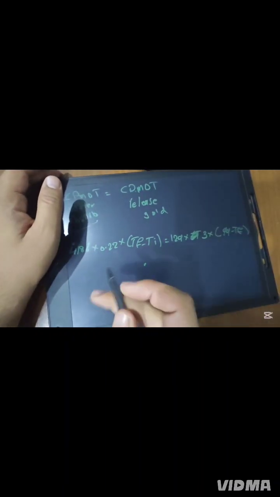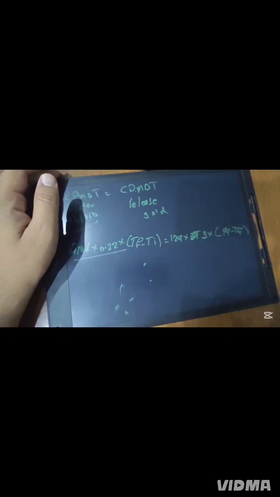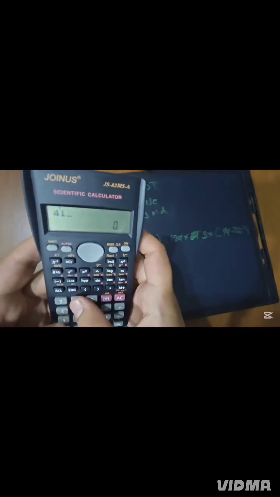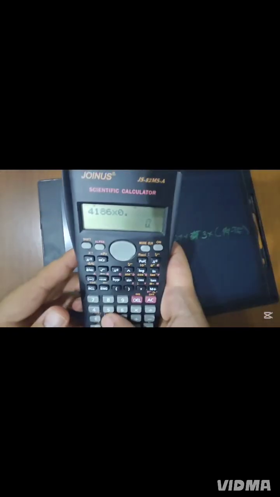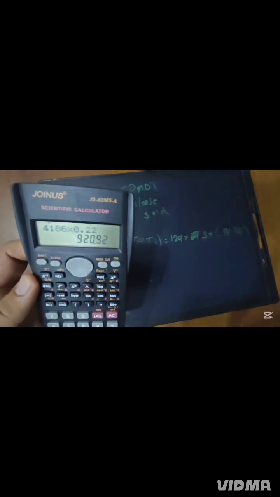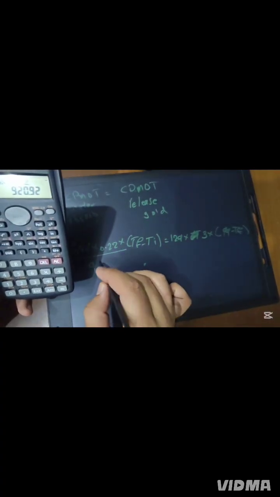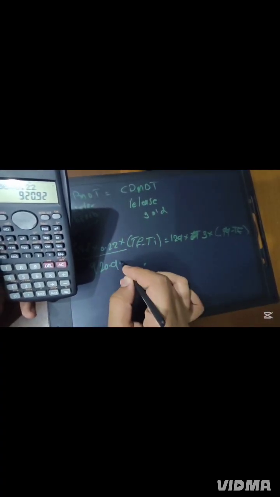Look, first of all, multiply these numbers together. 4186 times 0.22, the answer is 920.92.